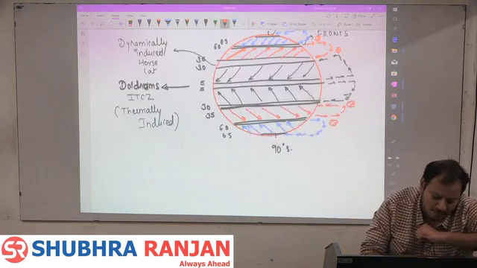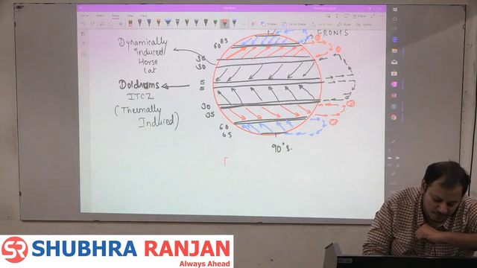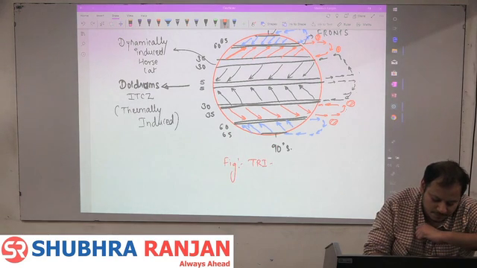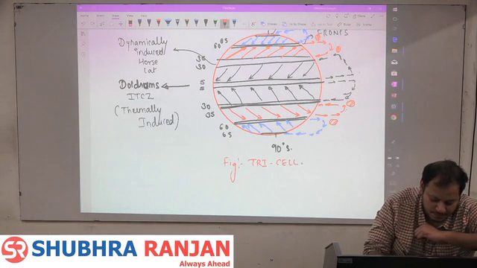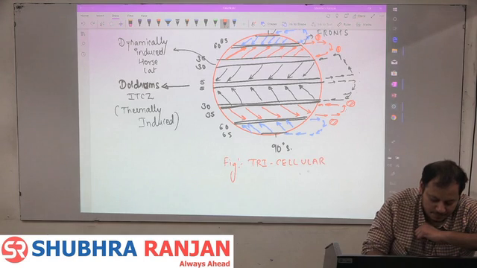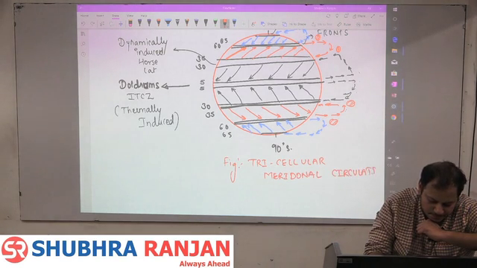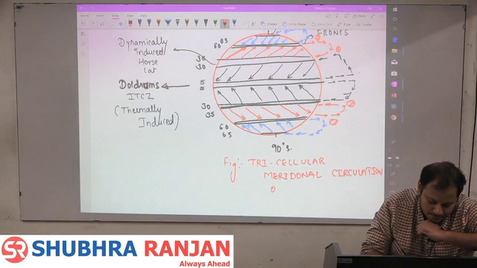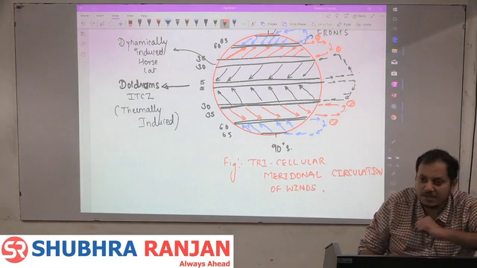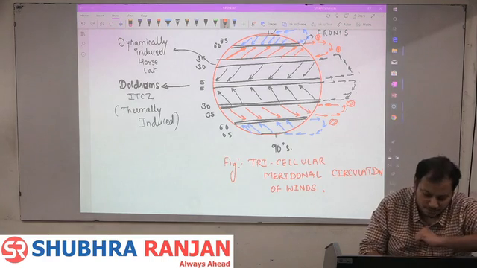This model which I have drawn is known as tricellular meridional circulation of winds.